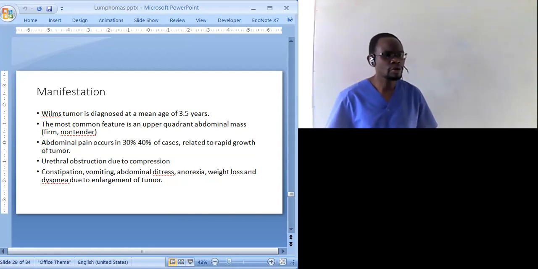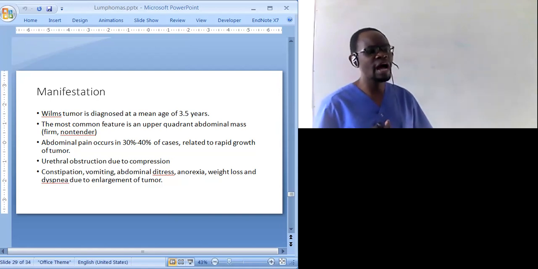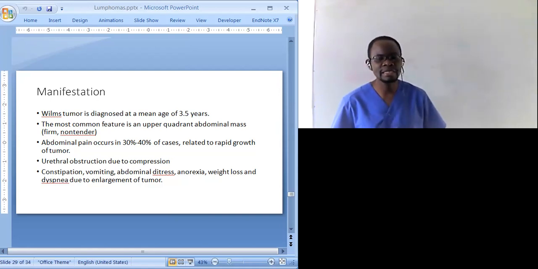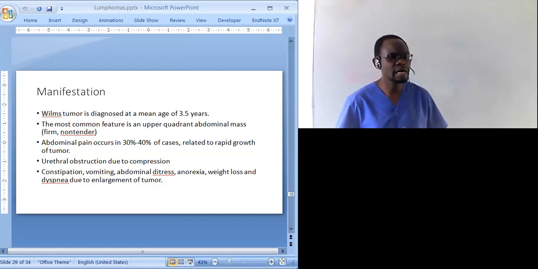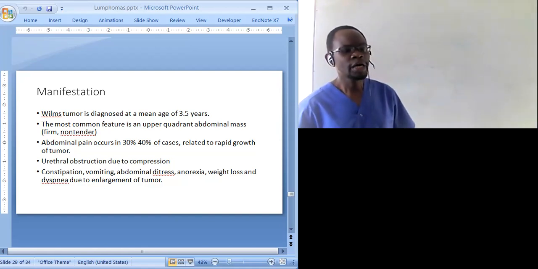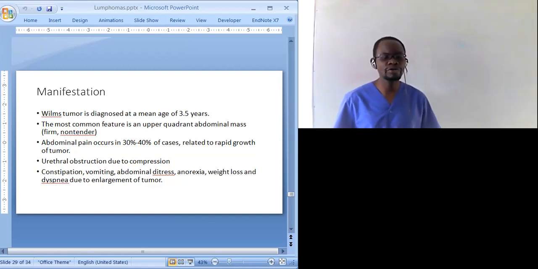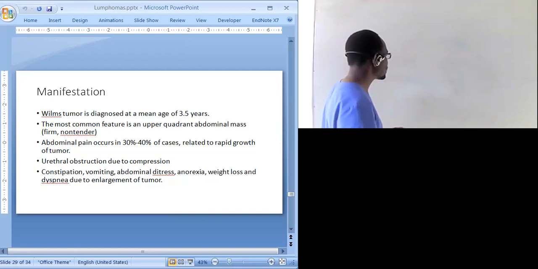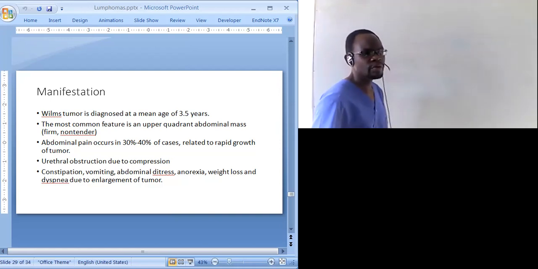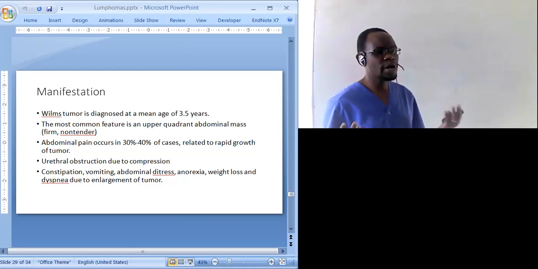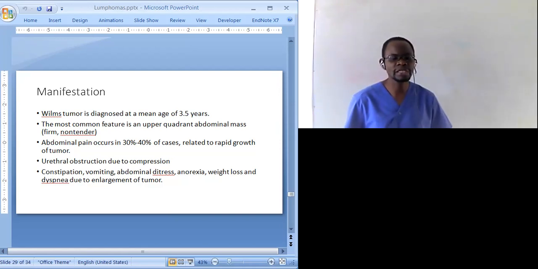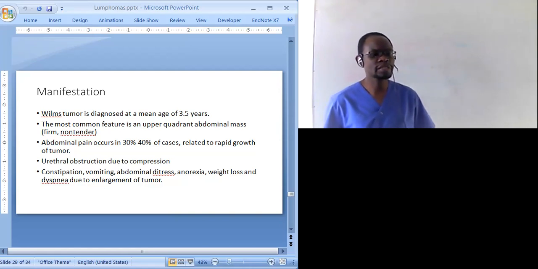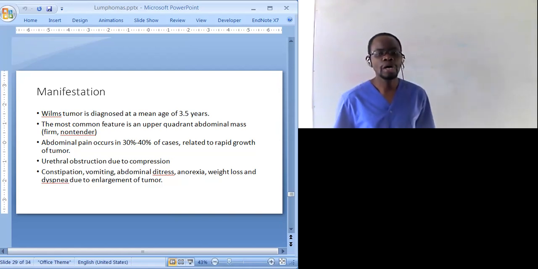Sometimes you have abdominal pain, which occurs in about 30 to 40% of cases, related to rapid growth of the tumor. Since it's located within the kidney, if it grows very big, you can have compression of urethral structures, leading to obstruction.